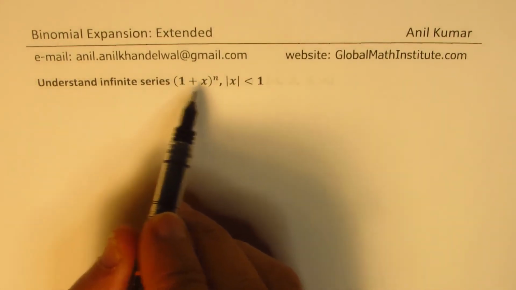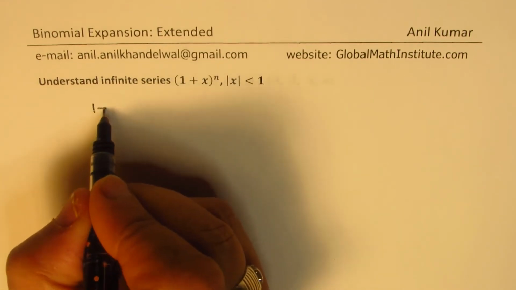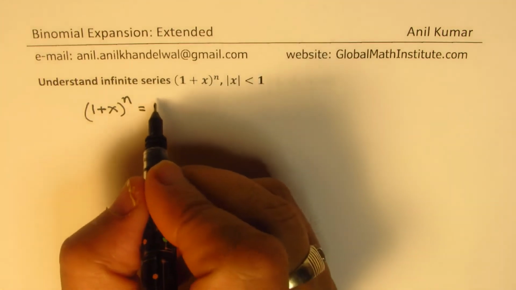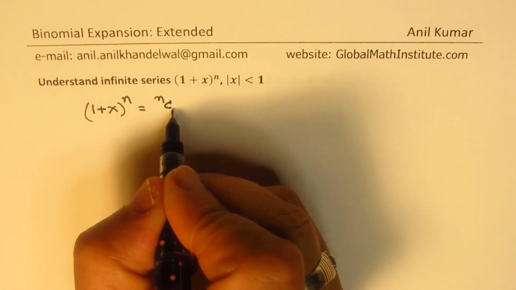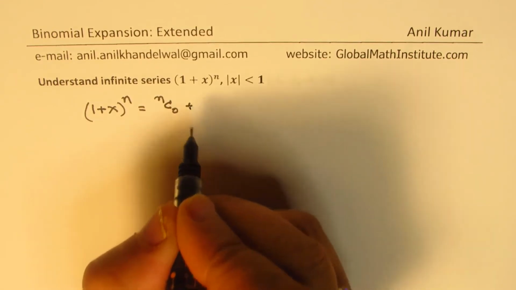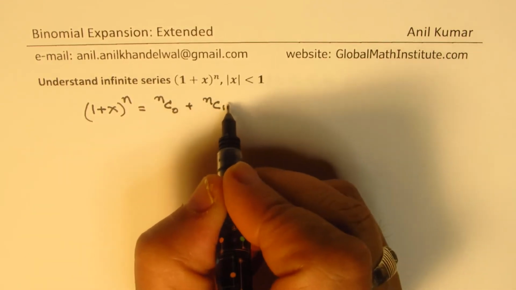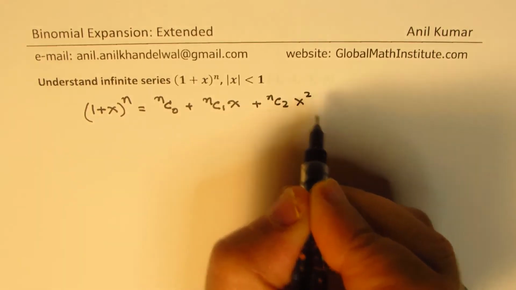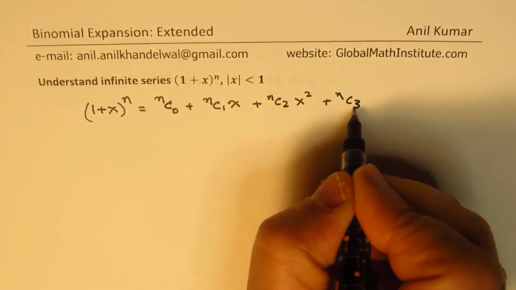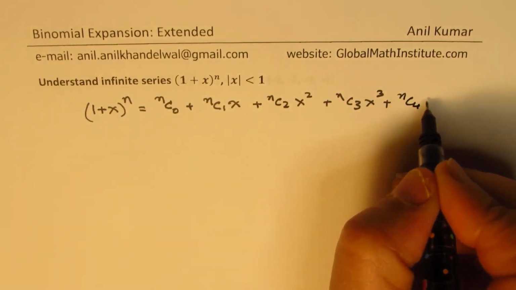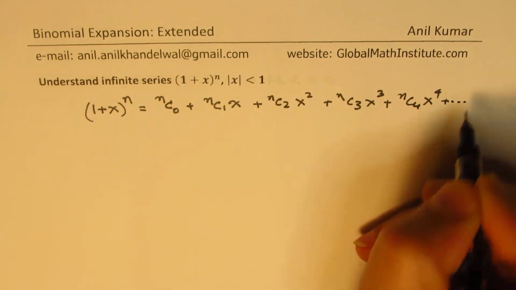Now, let us again explore this series, which is (1 + x)^n. Let me rewrite this first as nC0 plus nC1 x plus nC2 x squared plus nC3 x cubed plus nC4 x to the power of 4, and so on, correct?